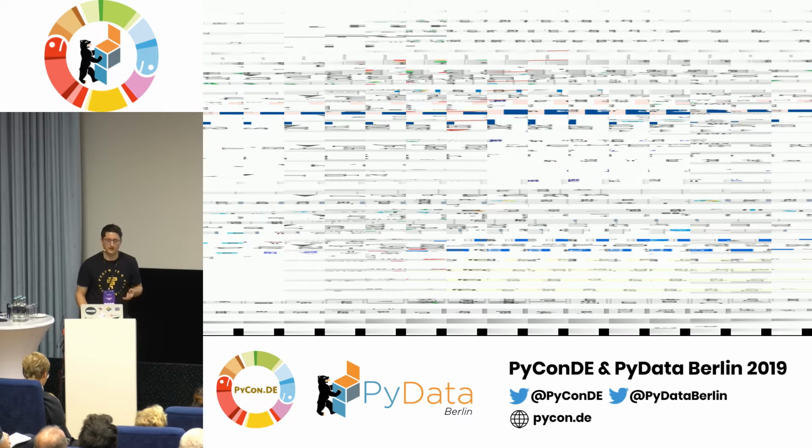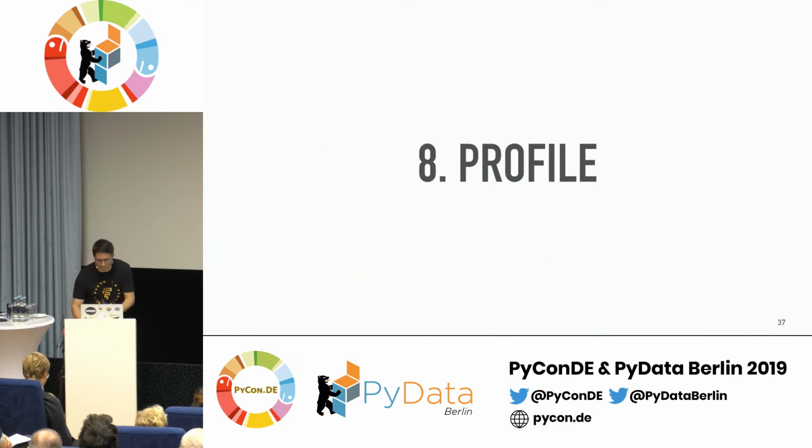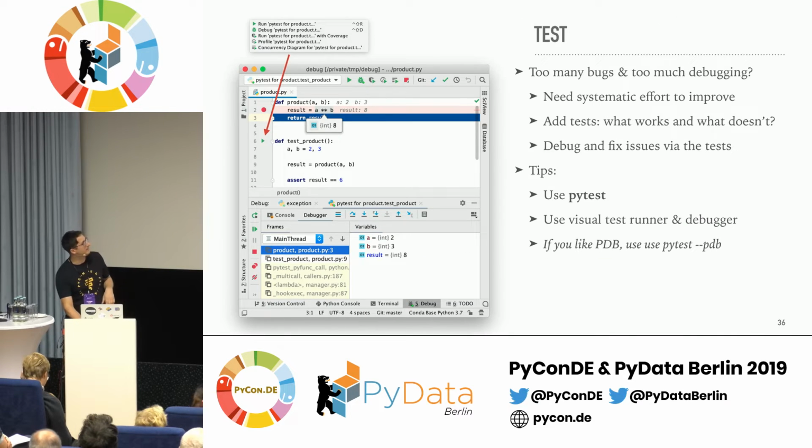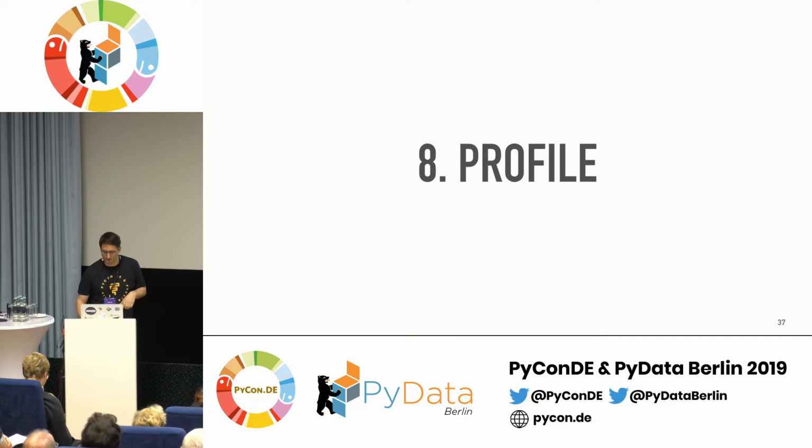For the test runner, I suggest you use PyTest, and then you use the visual test runner and debugger. If you prefer to use PDB and not an IDE, then you can use the PyTest --pdb flag to enter the debugger from your test runner.